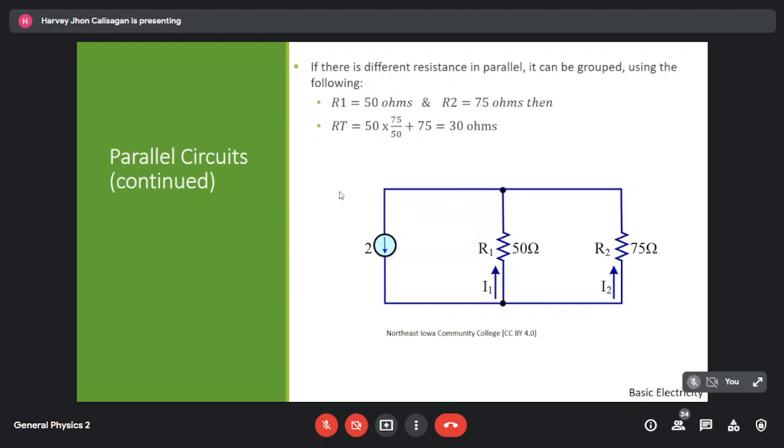Like for example, what is the last common denominator for 50, and for 75. So that is the process to get the answer. Let's skip this one for a while also.